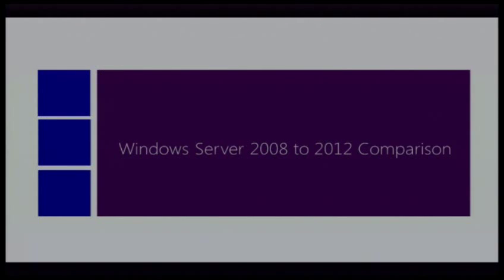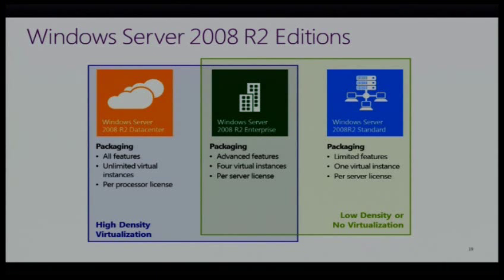For customers with Windows Server 2008, let us now review the difference between the previous and the new version for Windows Server 2012. For those familiar with the prior edition of Windows Server 2008 R2, you will recognize Data Center, Enterprise, and Standard Edition shown here. The licensing model provided flexibility by offering a variety of editions and features.